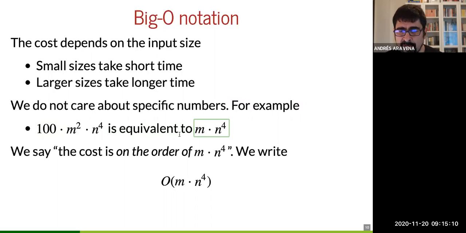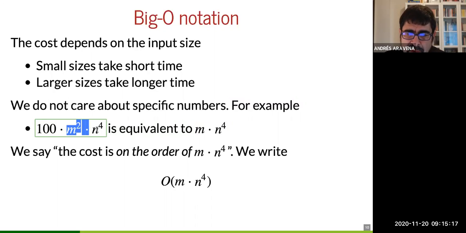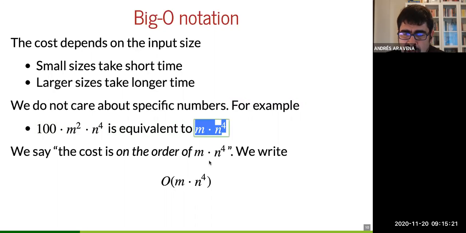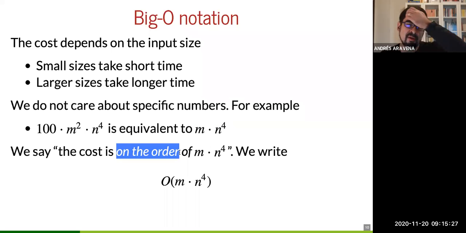I'm sorry, I forgot to put the square here. I will fix this. So the important part is m squared times n fourth, and you will write here m squared times n to the fourth power, and we will say that the cost is on the order of. This is the keyword here. On the order of means that it's not exactly like that, but it is similar to m squared n to the fourth power. Okay.